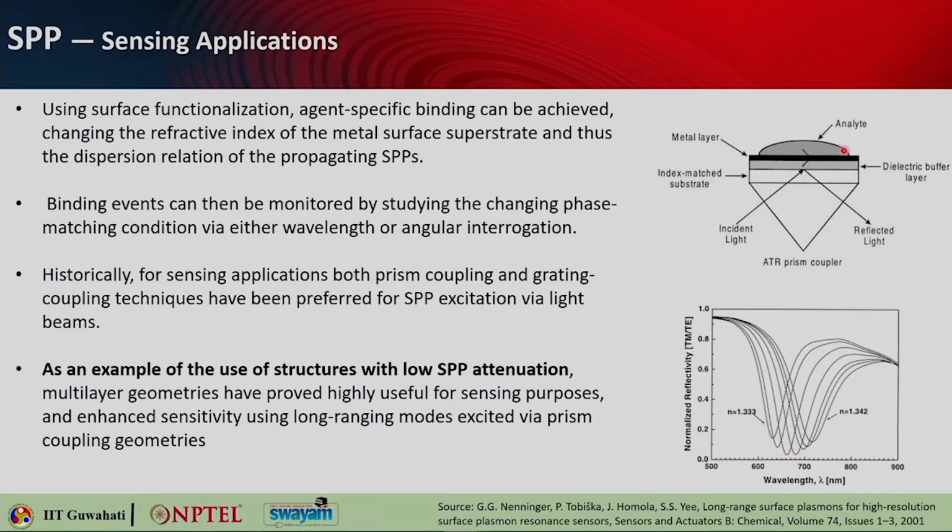But when the refractive index of this analyte or this medium changes to 1.342, okay, the wavelength shifts to this particular value. So, you can see you can actually detect them very easily. That is a popular application of SPP.